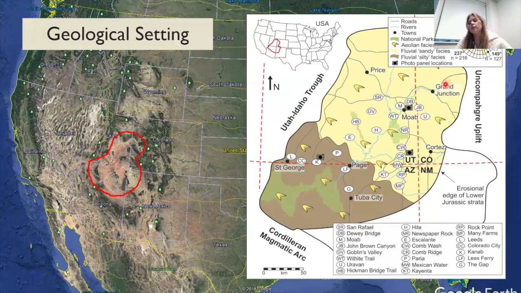On this little figure, we have all of the outcrop locations in white circles, and then we have three of these camera locations, where we collected the data for our photogrammetric models. One is up near Moab, one is in the very southeastern corner of Utah, near a place called Bluff, and one is near the border of Utah and Arizona, in Kanab.